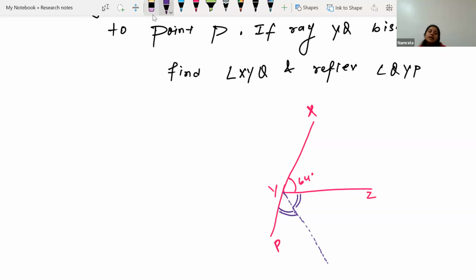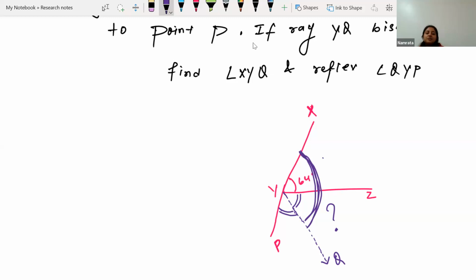We have to find angle XYQ, the complete angle. You can see we have to find this angle XYQ. 64 we know. If we are able to find this one, we will be able to say what exactly the total XYQ is.